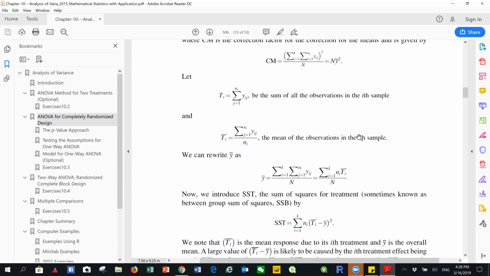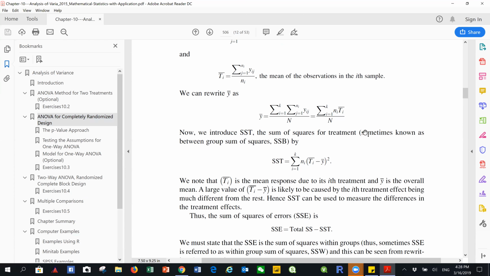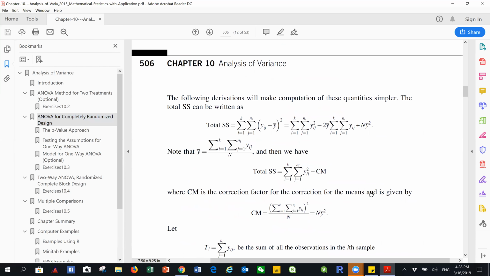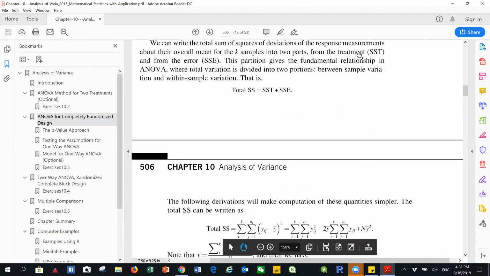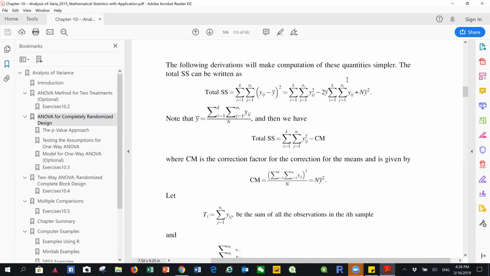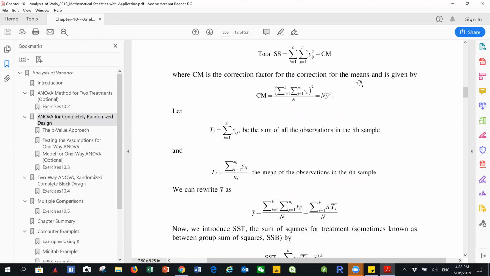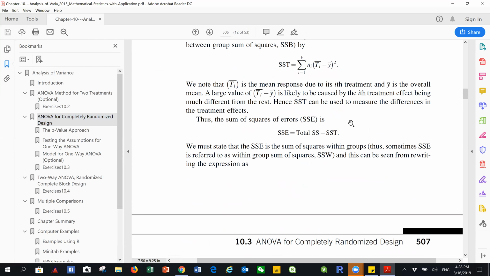Okay, and so forth, and we call it total sum of squares. But then we have SST, which is what? Treatments, sum of squares for treatments, and SSE, sum of squares for error. Okay, so the treatments account for part of the sum of squares.